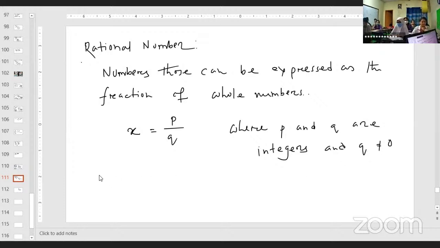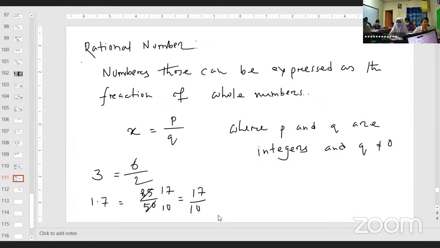So for example, if I write down 3, you can express it as 6/2, right? So 6 is an integer, 2 is also an integer. You write down 1.7, right? You can write it as 17 over 10.